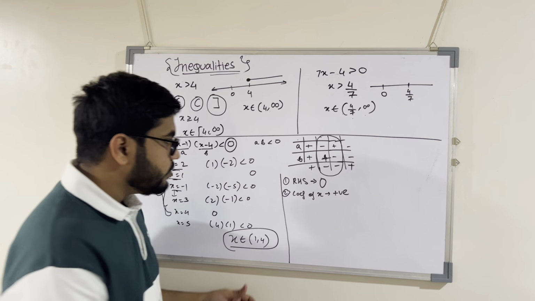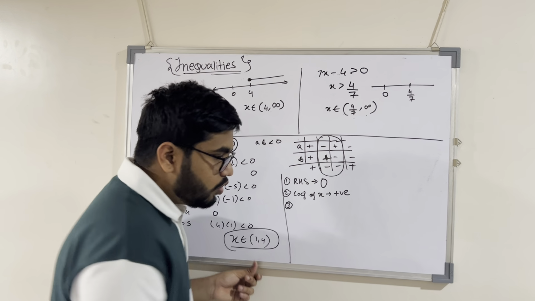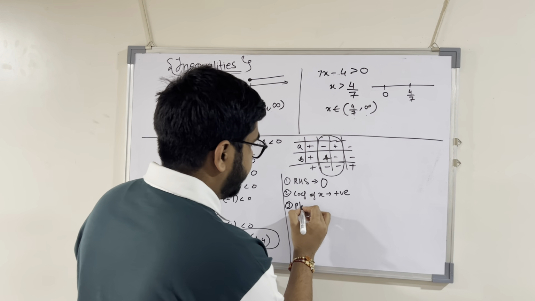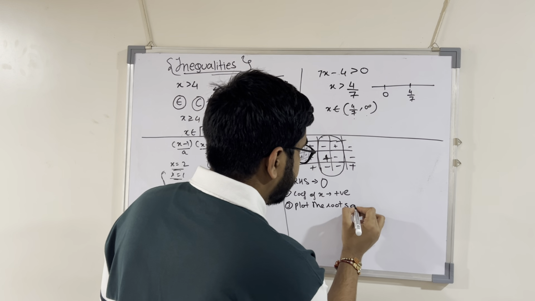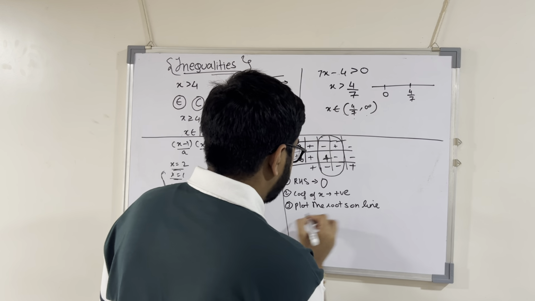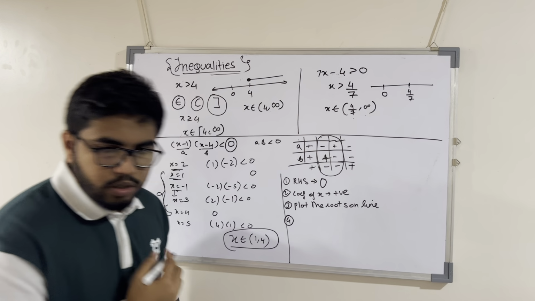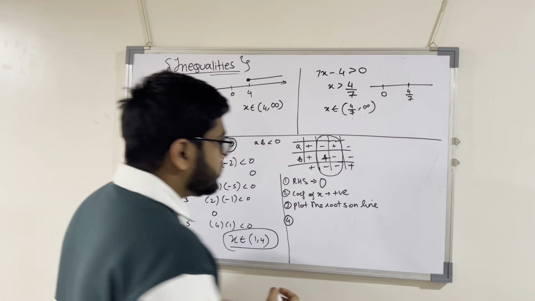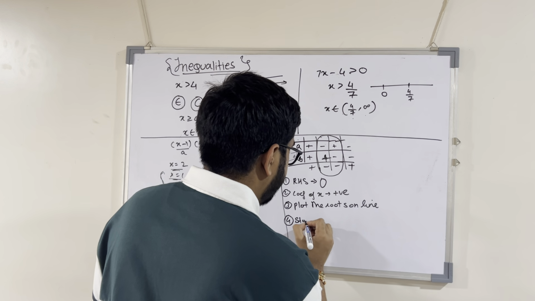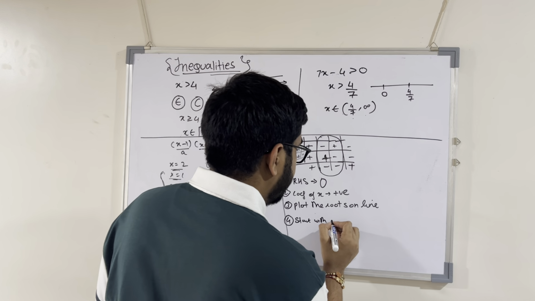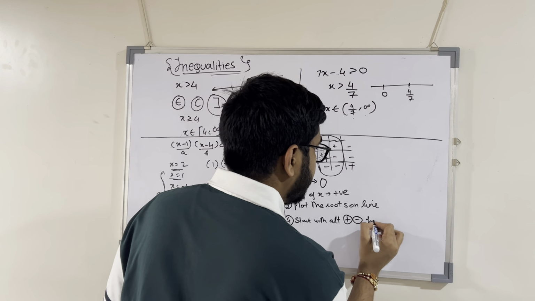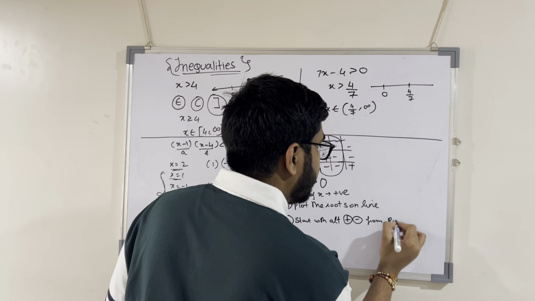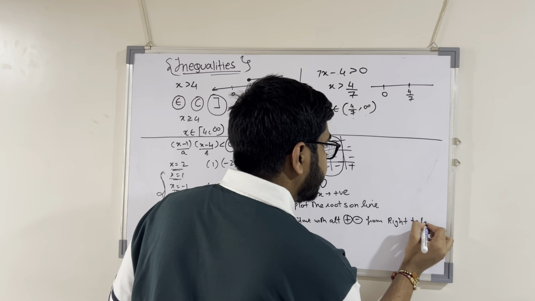What do you do? You plot the roots on a number line and then start with alternate positive, negative from right to left.